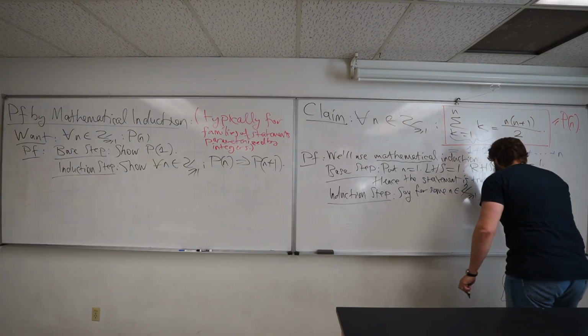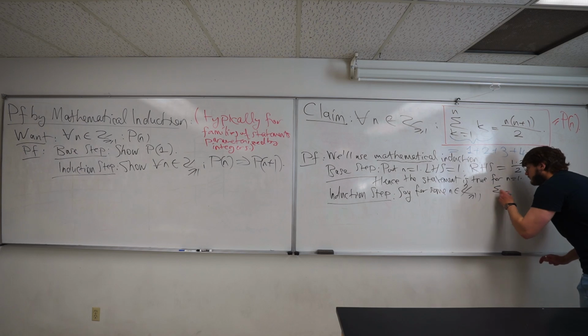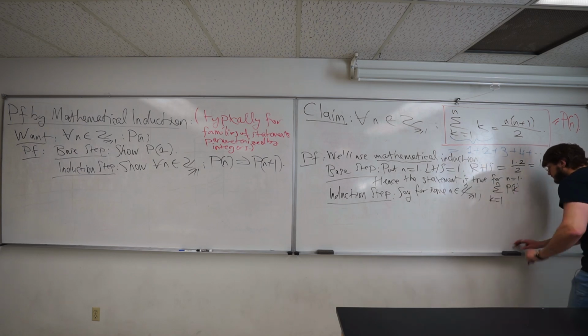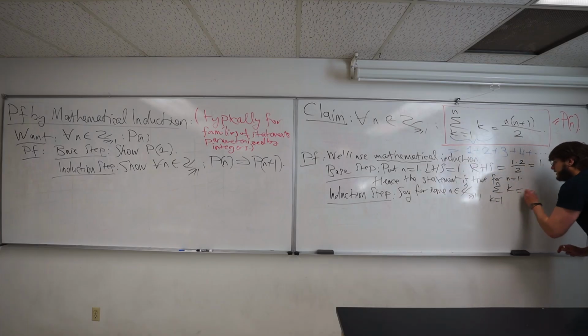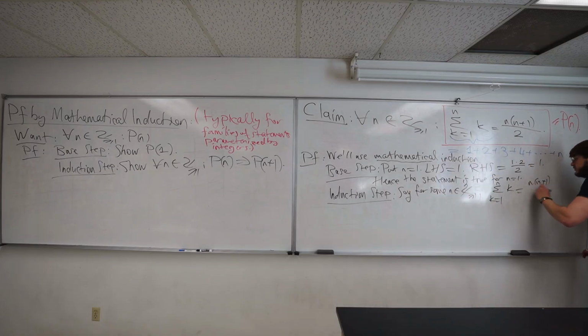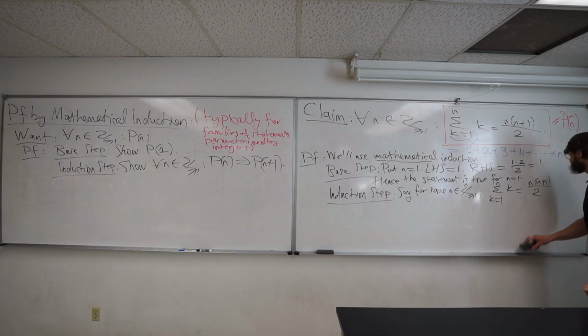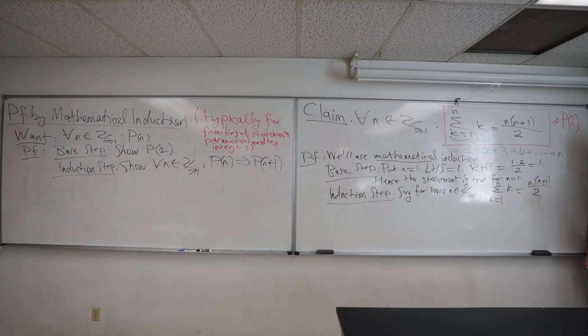So the sum of k is n times n plus 1 divided by 2. I'm assuming this. I need to show the same thing holds when instead of n, I see here n plus 1.